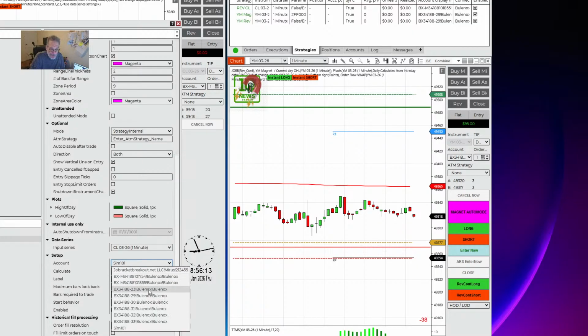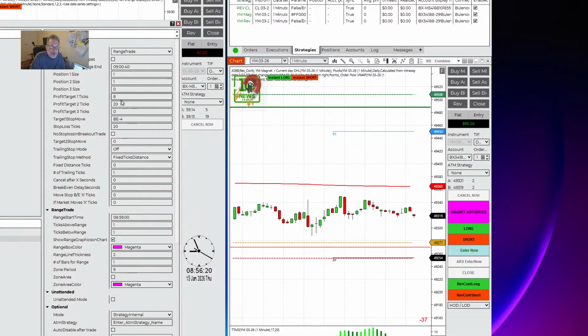Trading it in the funded account. We're starting the range at 859, one tick above the range, one tick below the range. Show the range graphics on chart.